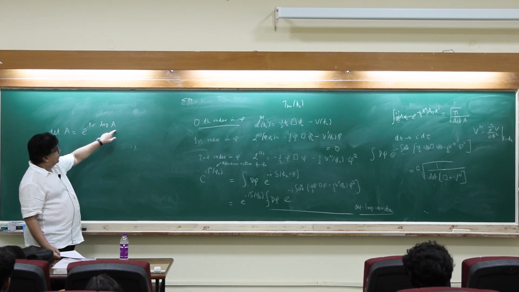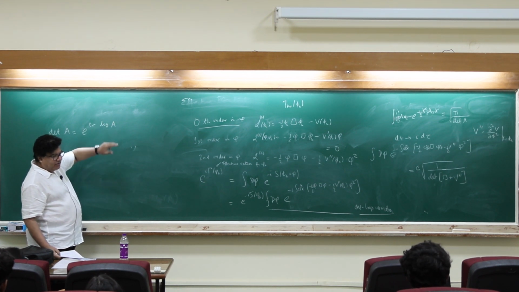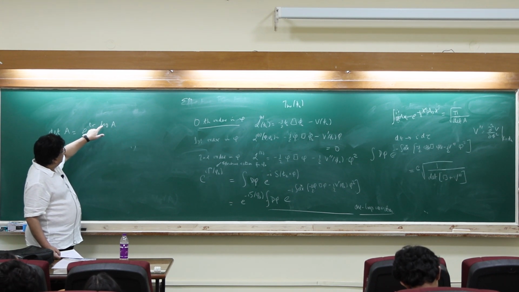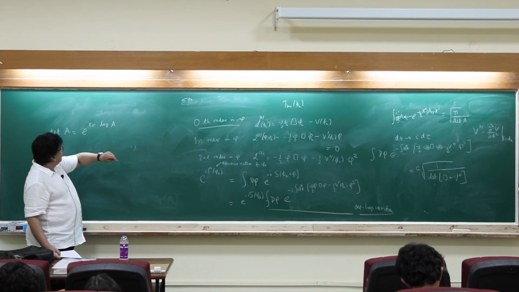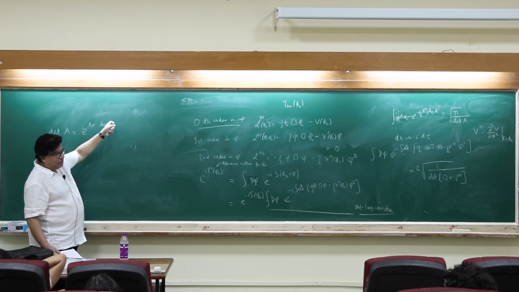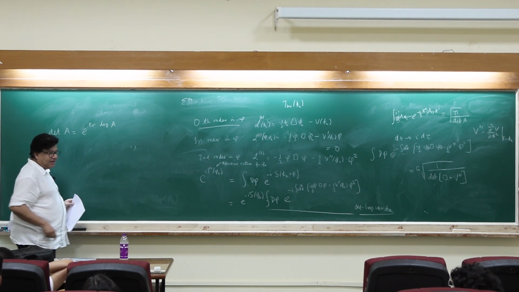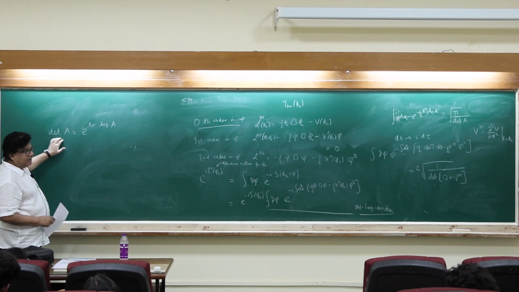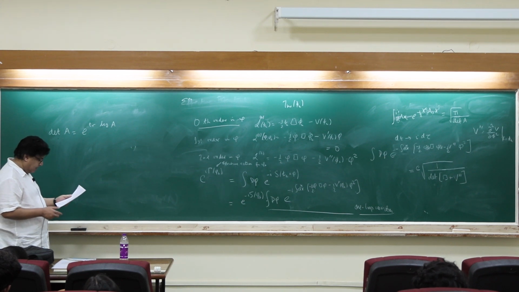The diagonals will be the eigenvalues, lambda 1, lambda 2, etc. So trace log A means the sum of the eigenvalues of log, which means exponential of log lambda 1 multiplied by exponential of log lambda 2 and so on. So this will give you basically lambda 1, lambda 2, which will be just the determinant. Okay. So it's easy to see.